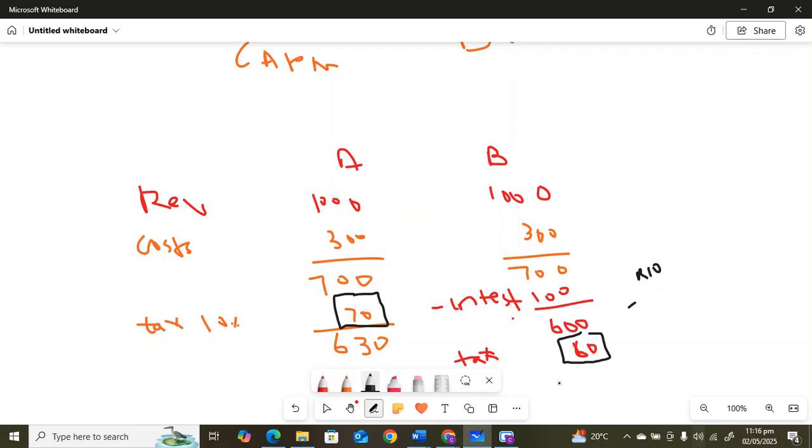Okay. The profit might be lower, 600 minus 60, we get 540. You can say that profit is lower, but obviously the company that has taken on the debt probably used the debt to buy new machinery so that they can do their work faster. If they can do their work faster, it means they'll become more profitable.